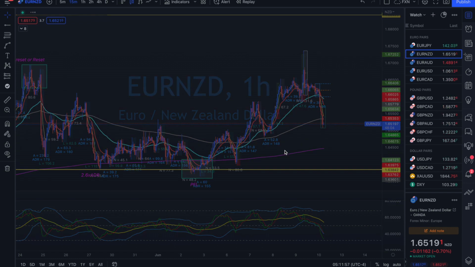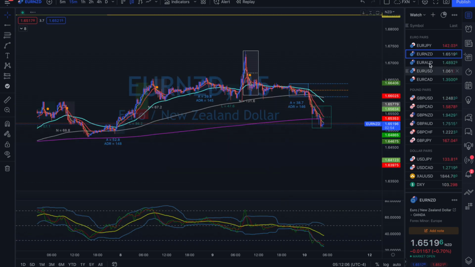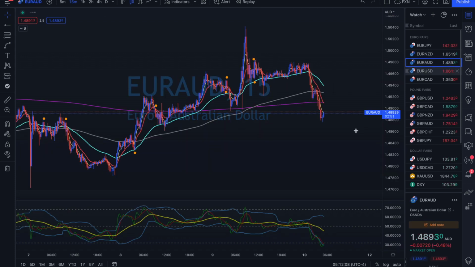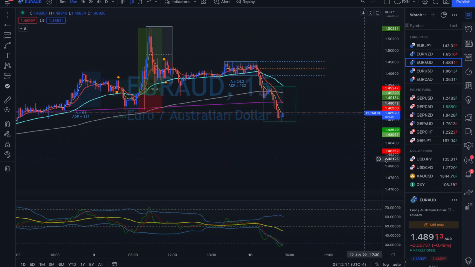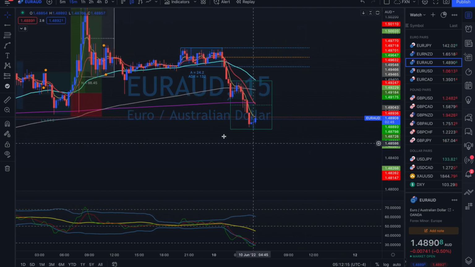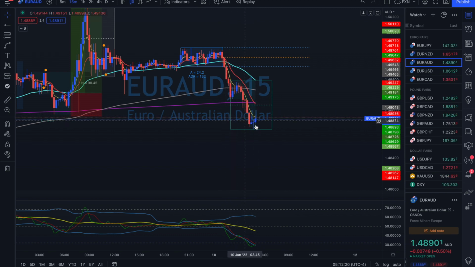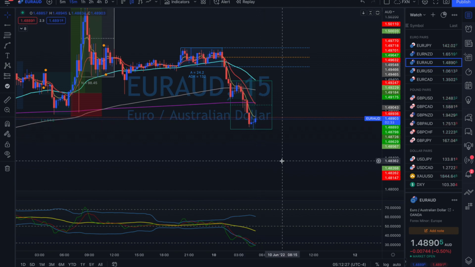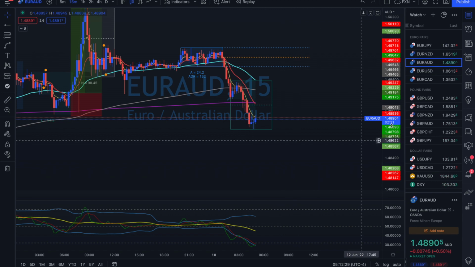I'm looking for a type 1 setup specifically on Euro NZD and Euro AUD. Both look very similar and very promising for those types of setups. As it is right now, this could be the first leg and this could be the second leg, hopefully producing star patterns on both. We'll just have to see how it develops.